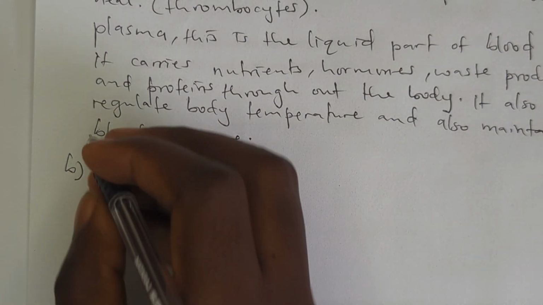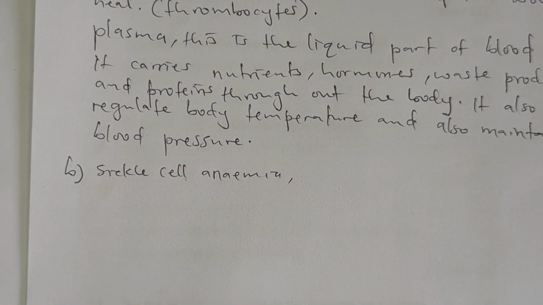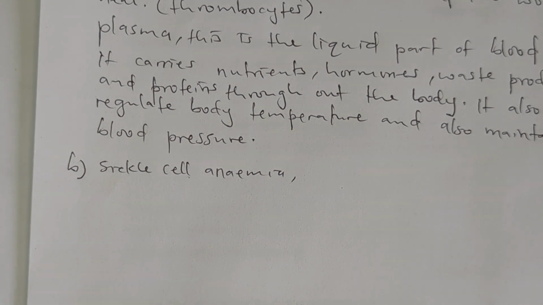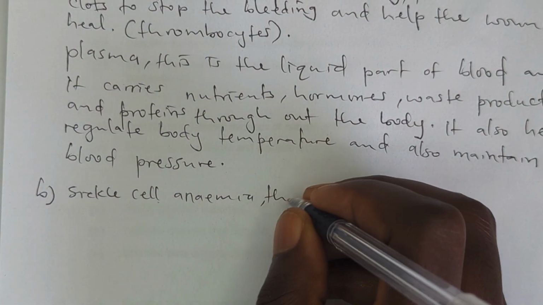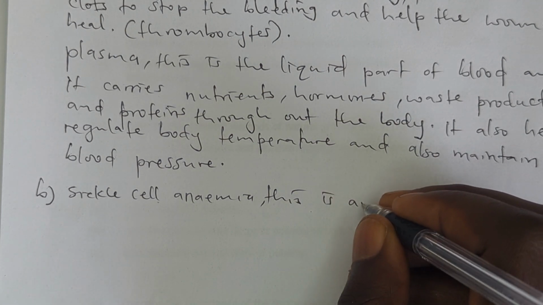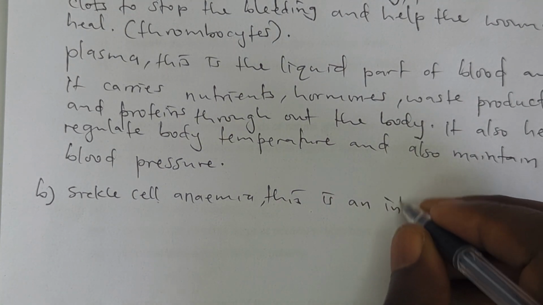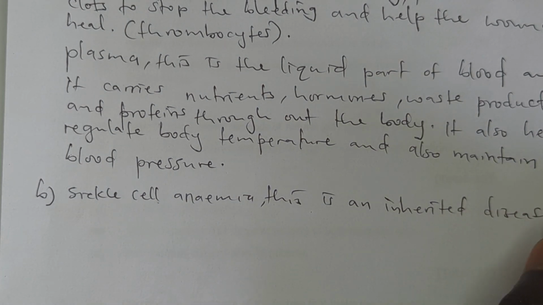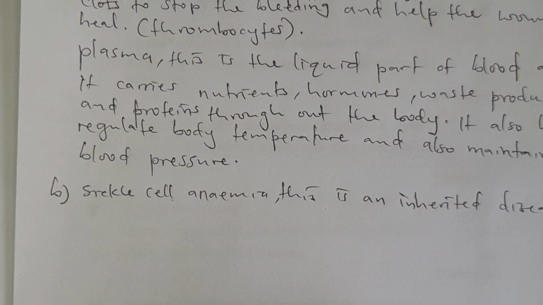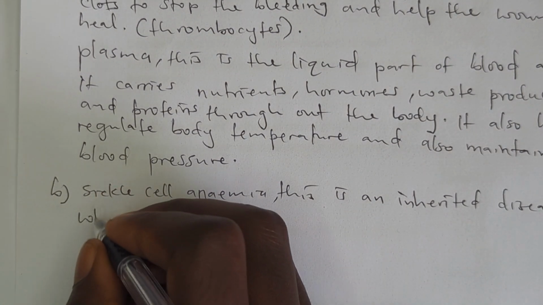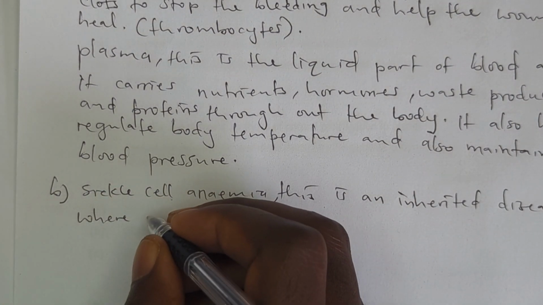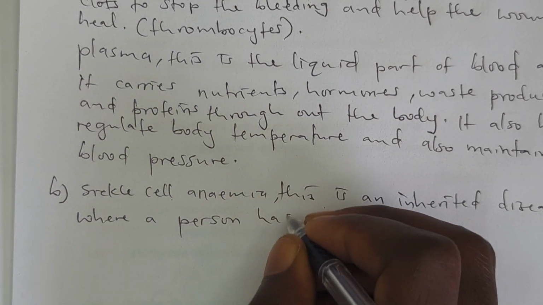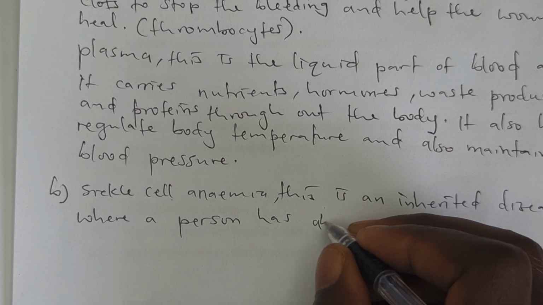So sickle cell anemia, this is an inherited disease where a person has abnormal hemoglobin.